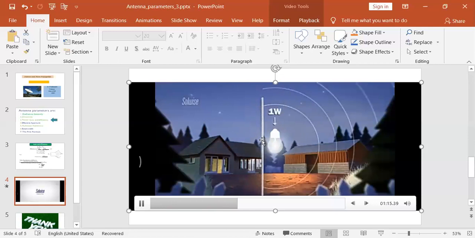Then the total power is radiated into one direction, that is the front side of the bulb, and the gain is increased. So it can be called equivalent isotropic radiated power, EIRP.